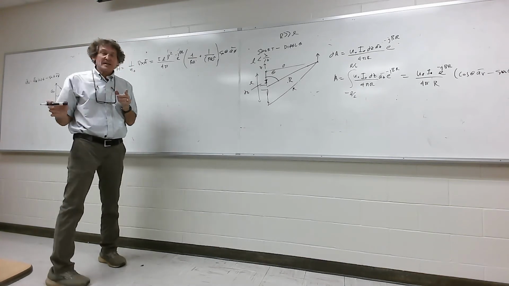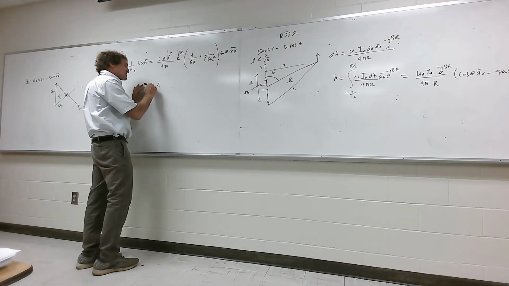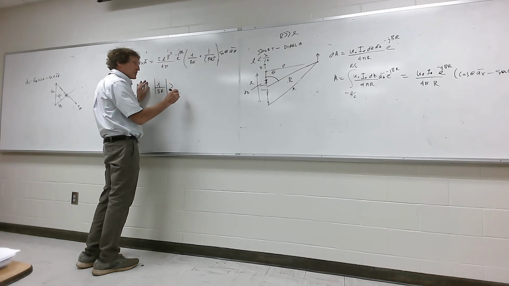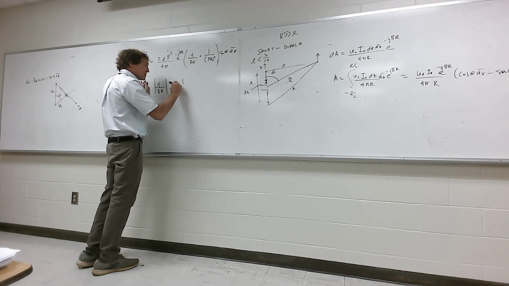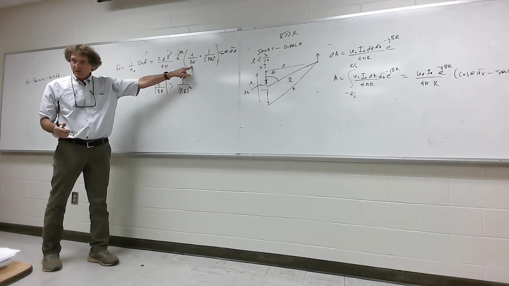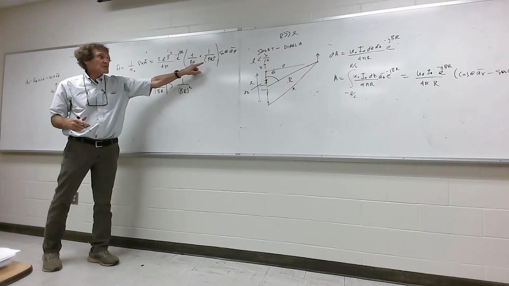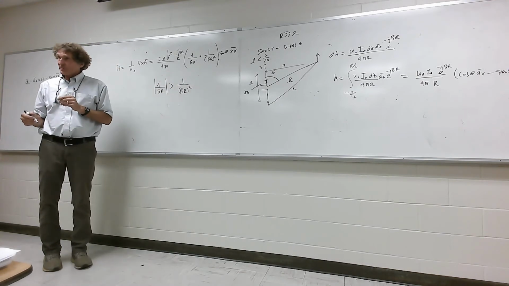So the way we find where the breakpoint is between the 2, we know when the magnitude of j over beta r is greater than the magnitude of 1 over beta r squared, this defines the point where all of a sudden we're in the far field, where now that term is going to dominate. Y'all follow me? Because the 1 over r term will come down slower than the 1 over r squared term. Follow me on this, everyone?